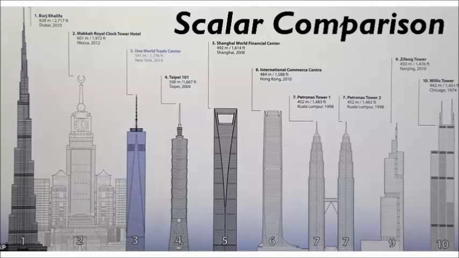Scalar comparison just means that you're literally comparing the scale or shape or size of one building with another. And sometimes when we look at large buildings, tall buildings, you might think, well, this building is fairly tall, but there's no human scale shown in this diagram.